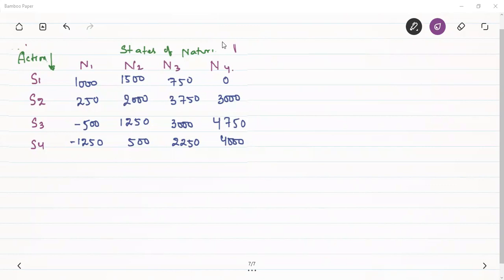Now, the last criterion was what we call the regret criterion, or that was the minimax regret criterion. What we had to do here was create another table that was known as the regret table.